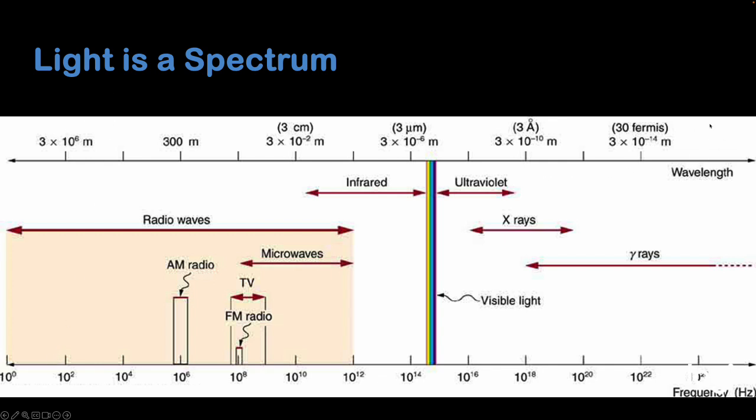And then all the way at this end, when we get up to gamma rays, we're down to well below the size of an atom. Atoms are roughly here in terms of their sizes, in the nanometers.